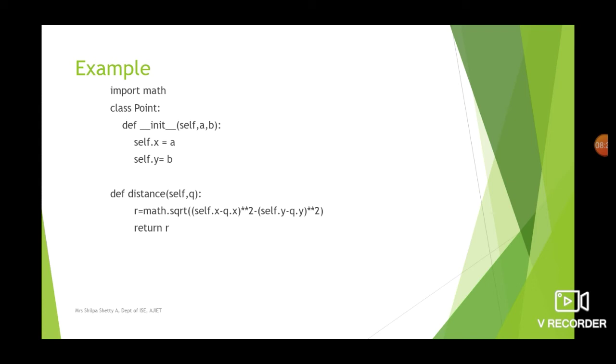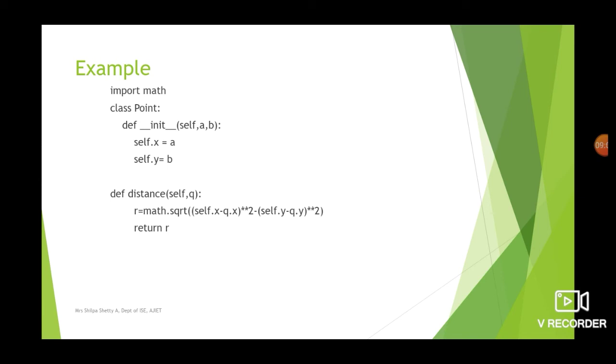The same formula is used here, but if you see the parameters to this function, we have self, q. So here self represents the object that has called this function distance, and Q represents the another object that is passed as parameter. For example, if you have 2 points P1 and P2, then this function can be invoked like P1 dot distance of P2.